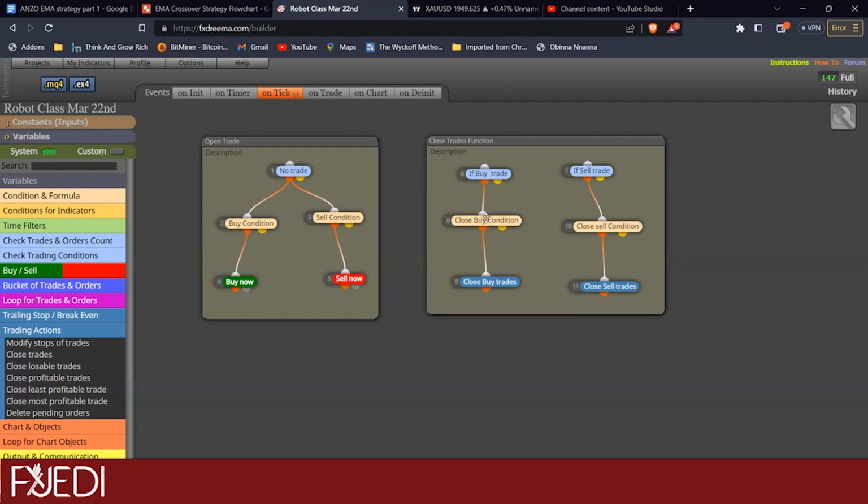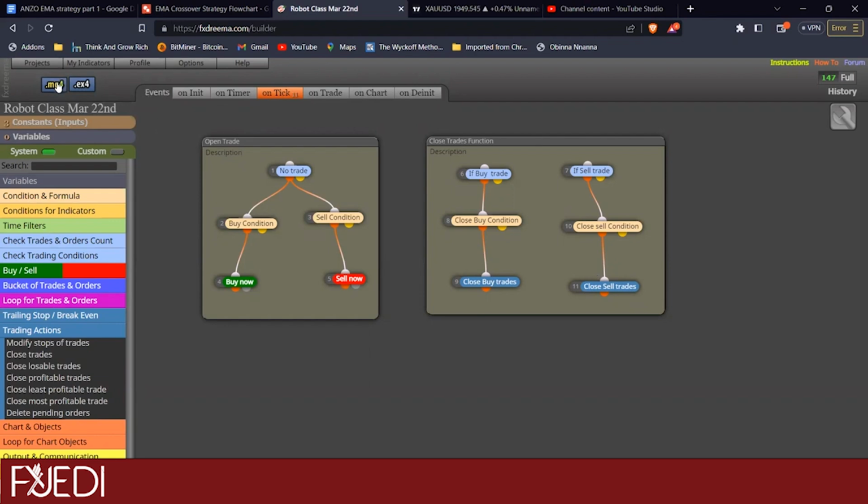If the answer is yes, it will look if the condition for closing a buy trade is met, then it will close the buy. Otherwise, it will ask, is the trade a sell trade? And if the answer is yes, it will look if the condition for closing the sell trade is met, and then it will close the sell trade. And if it is not met, it will just keep on moving on. So let's test what we've built and see if it works as we expected.